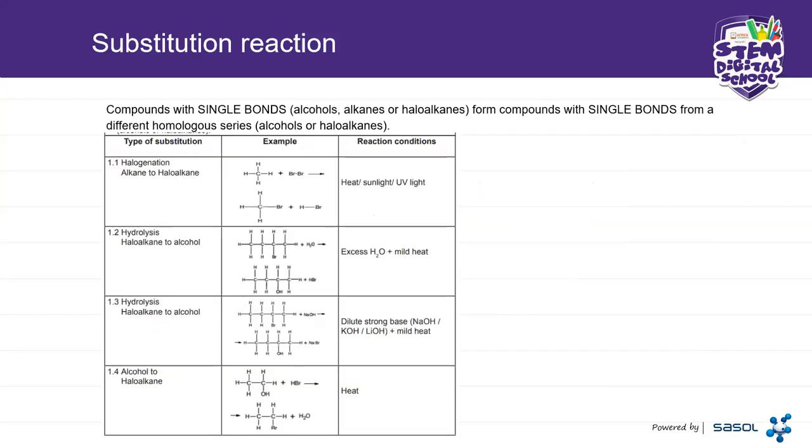So getting into our substitution reaction, like I mentioned, it's compounds with single bonds, alcohols, alkanes, or haloalkanes form compounds with single bonds to form different homologous series. Okay, so here is our example over here.